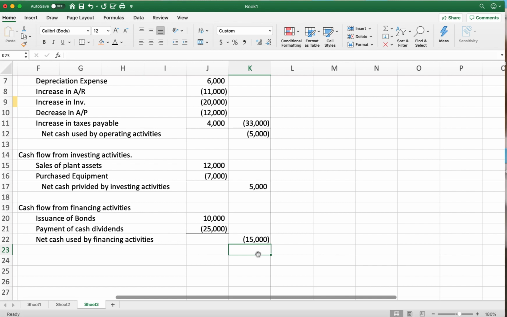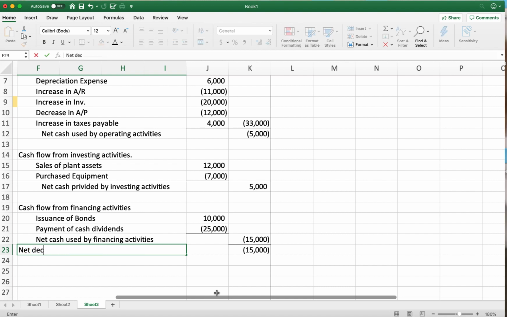We're going to sum up the net cash used or provided by operating activities plus the net cash used or provided by investing activities plus the net cash used or provided by financing activities. We end up with negative $15,000. Guess what this is? This right here is going to be our net decrease in cash.